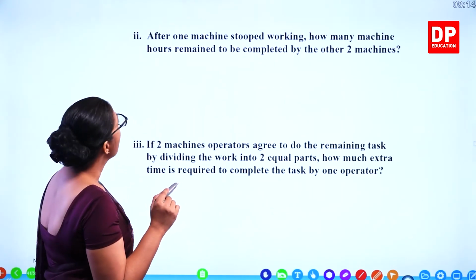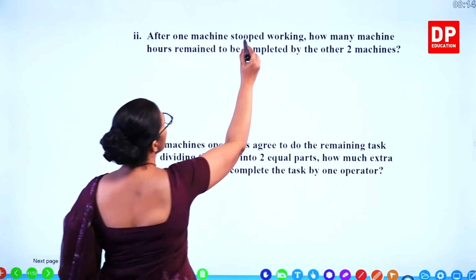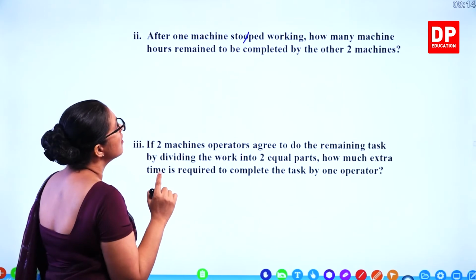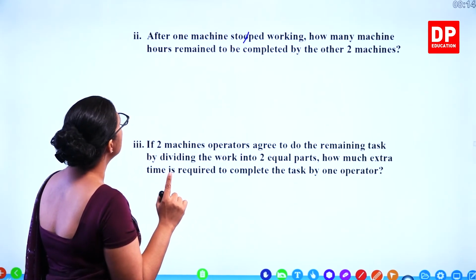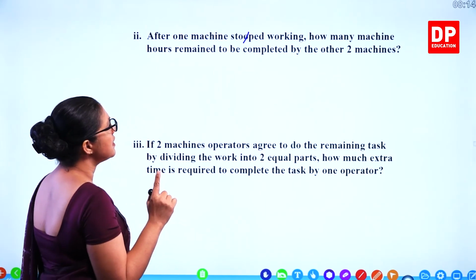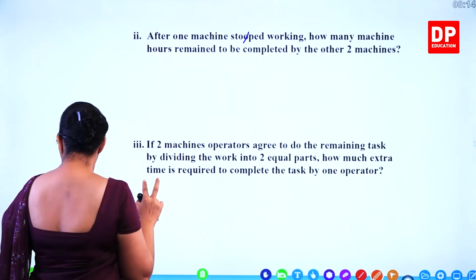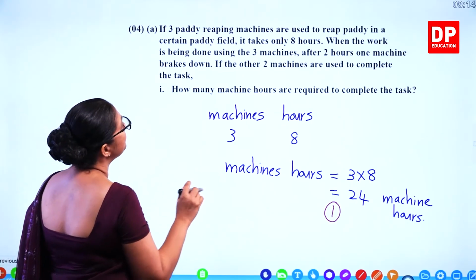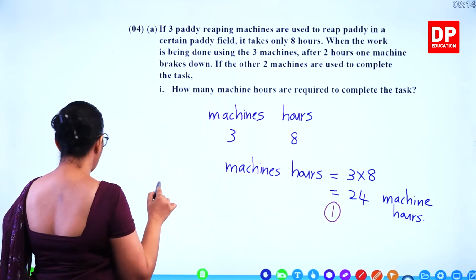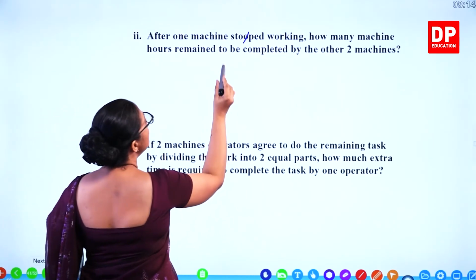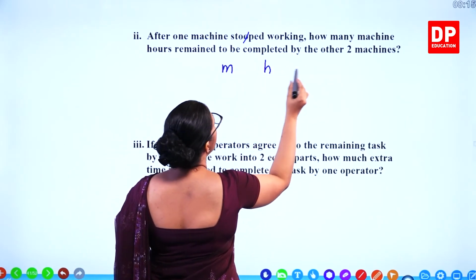Part 2. After one machine stopped working, how many machine hours remain to be completed by the other 2 machines? So it says after 2 hours, one machine breaks down. So altogether, we can say again machines, hours and total.